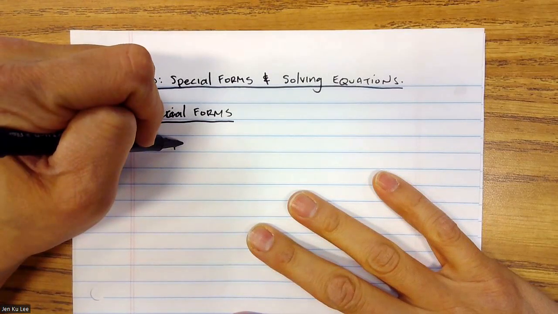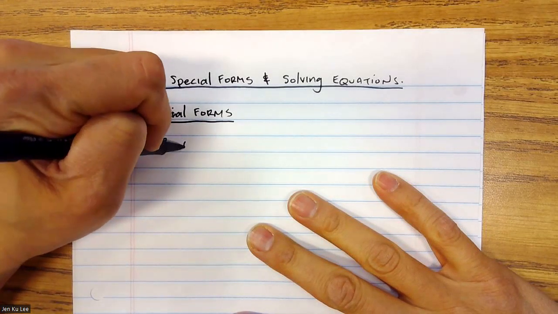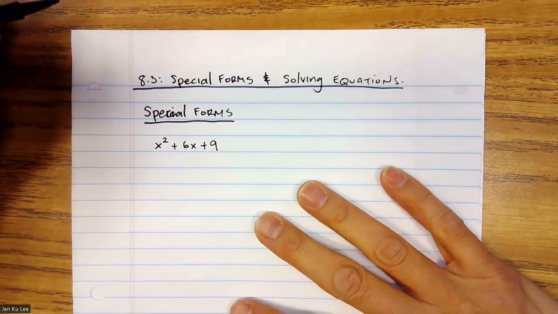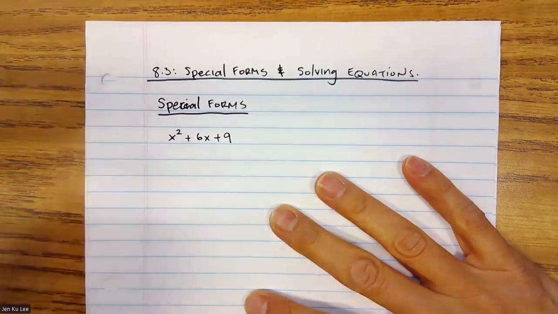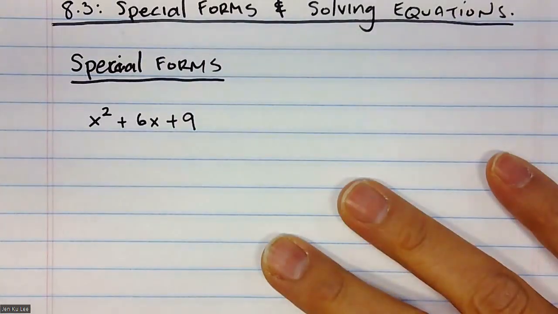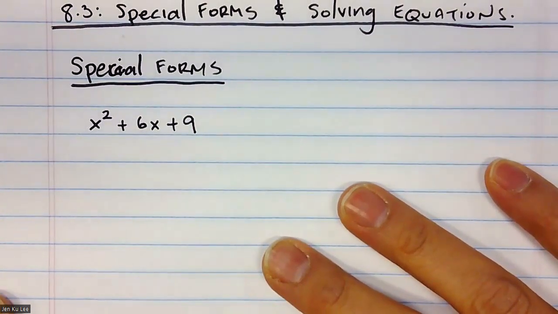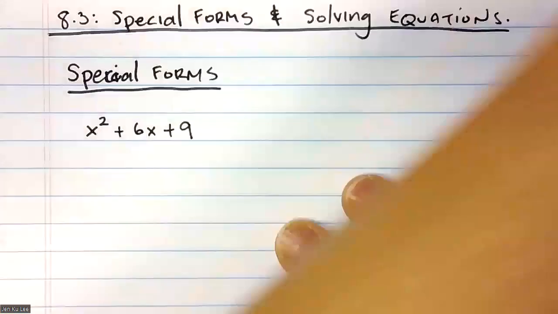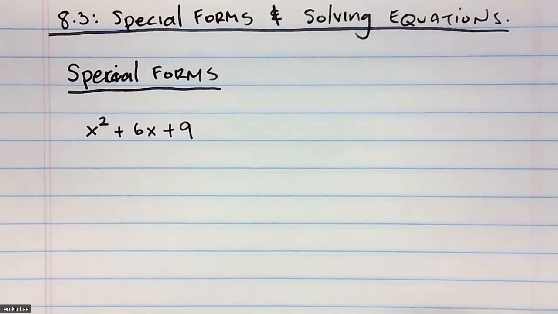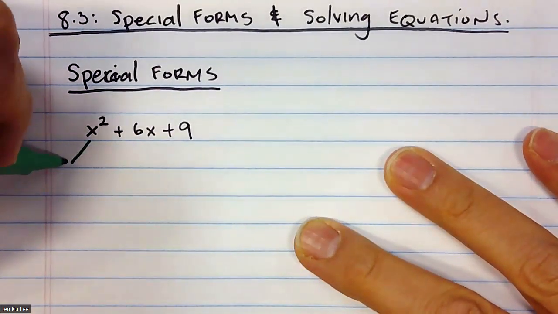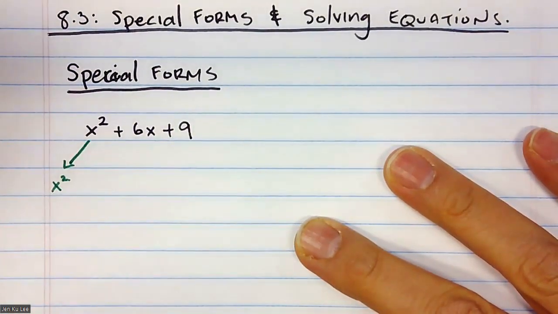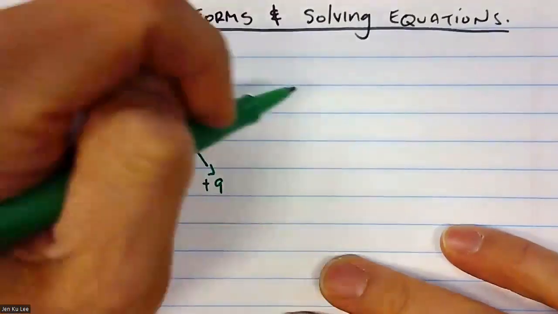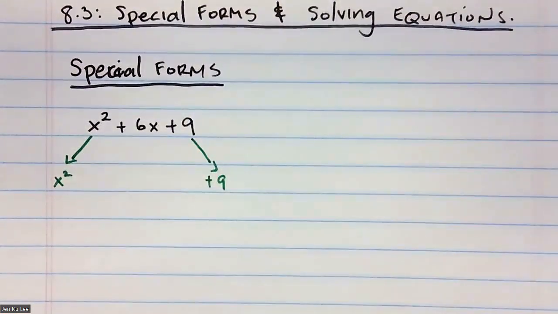So let's factor that out. Okay, x squared plus 6x plus 9. So remember with factoring, we put the x squared all the way to the front, put the plus 9 all the way to the back, and then we try the x method, correct?